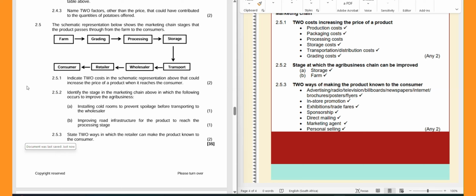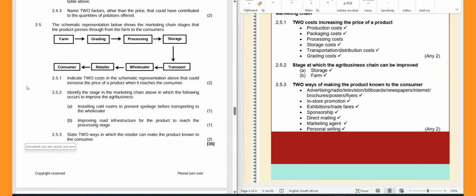And that occurs where? At the farm, the stage at which the agribusiness chain can be improved, that is at the farm. That's where we will improve the road infrastructure for the produce to reach the processing stage.